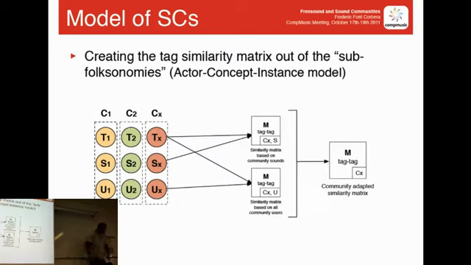So then, once I have these different communities with these sets of tags, sounds and users, I can apply again the actor concept instant model to extract tag similarities according to sounds and tag similarities according to users. This is what I said before, that I could extract similarities based on co-occurrence on sounds and on users.